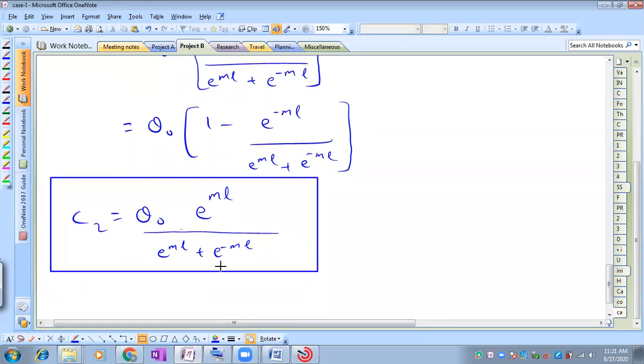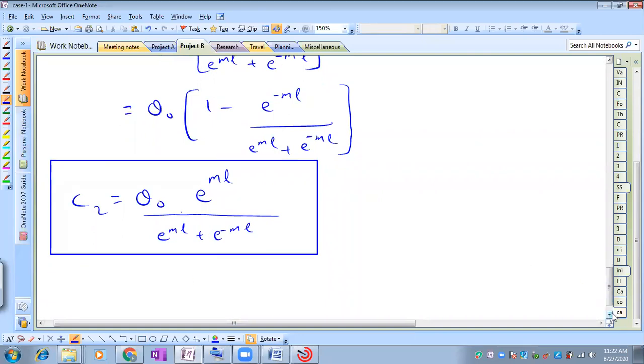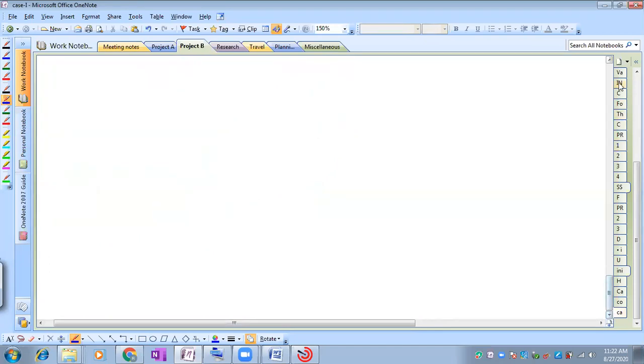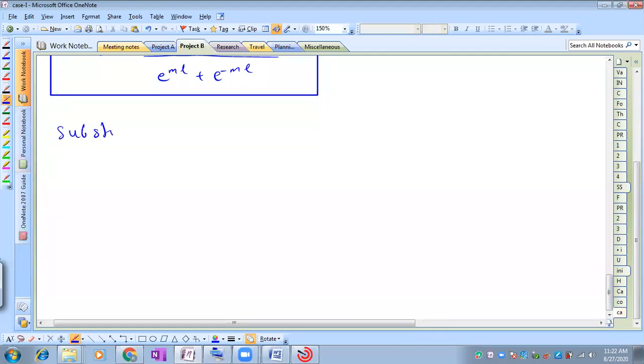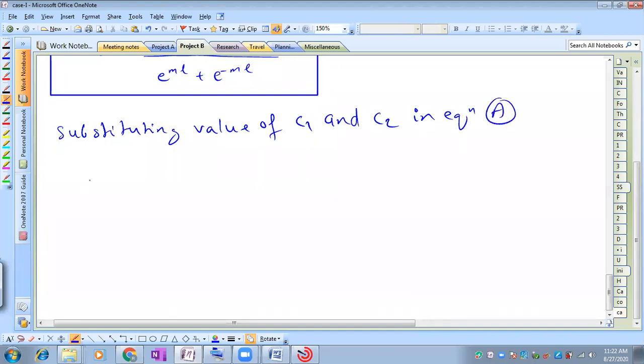Are you getting it? So we got these two values of C1 and C2. C2 is theta 0 into e raised to ml upon e raised to ml plus e raised to minus ml. Now we'll substitute the value of C1 and C2 in equation number A. So what is equation number A?